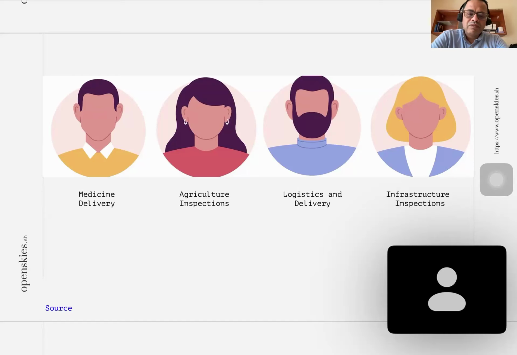On this screen, what you see is the different types of drone operations, things like medicine delivery, agricultural inspections, logistics, infrastructure inspections, and so on. These may be slightly different from what you do, but you know that these types of operations exist and have an interest in them. Basically, there are various different kinds of drone operations that will happen, and this airspace will get crowded because of them.